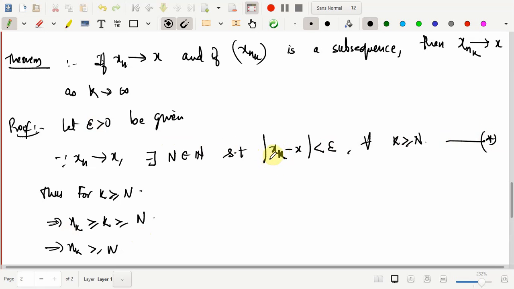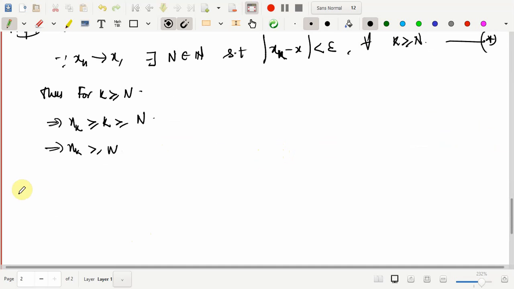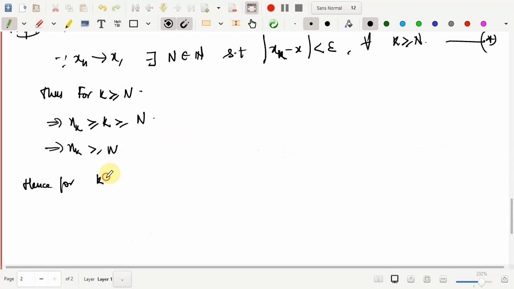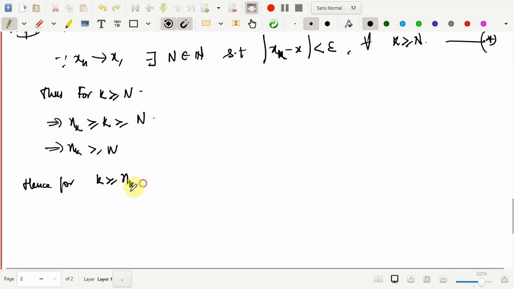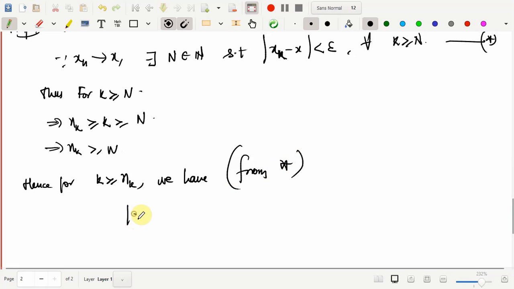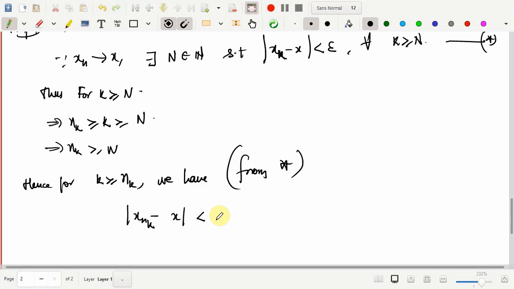Okay, so hence whenever k is greater than or equal to N, we have from the star that the difference |x_{n_k} minus x| is less than epsilon.